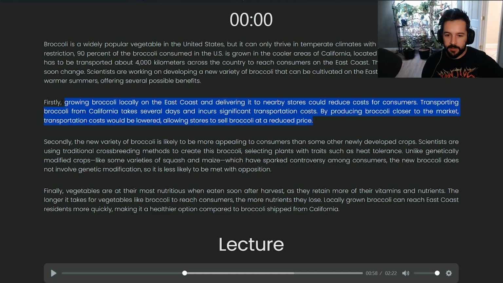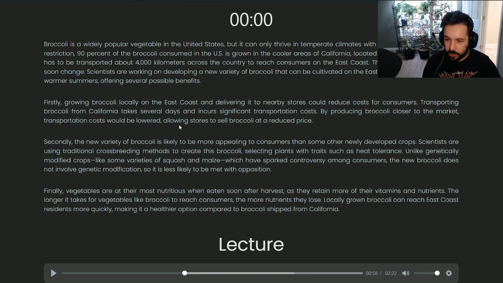So if they have less produce, they are going to sell it at a higher price. So we are lowering one type of cost, but we are increasing another type of cost. And these two will probably cancel each other out. So in the end, the price will not go down. It may even go higher. So that's the first idea. Now you make it a little fancy, you put it in a paragraph, and that's going to be it.